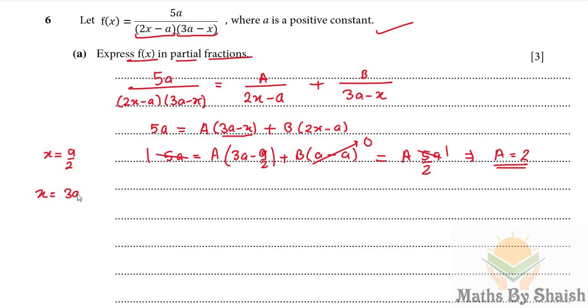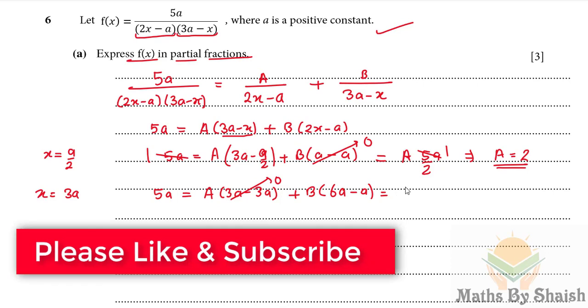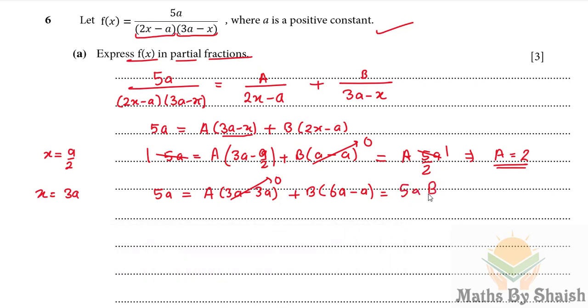So 5a equals A times (3a minus 3a, vanished), plus B times (3 into 2, 6a, minus a), so again 5a times B. We can cancel 5a, so we got B as 1.